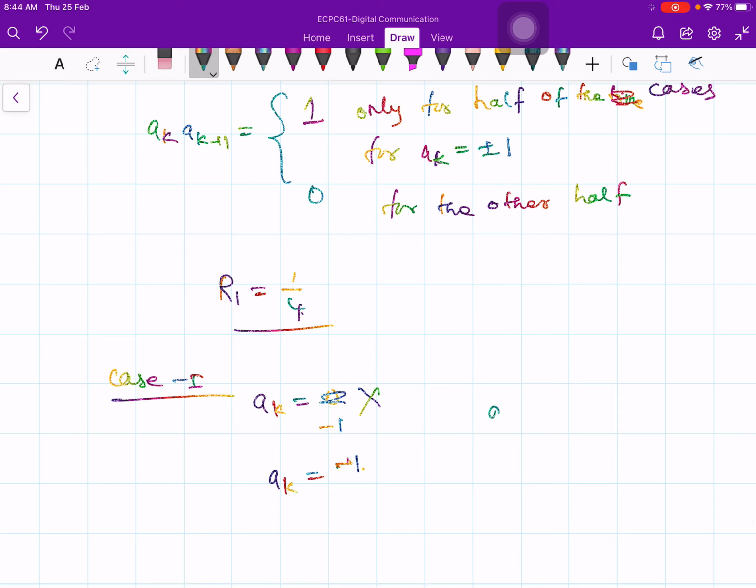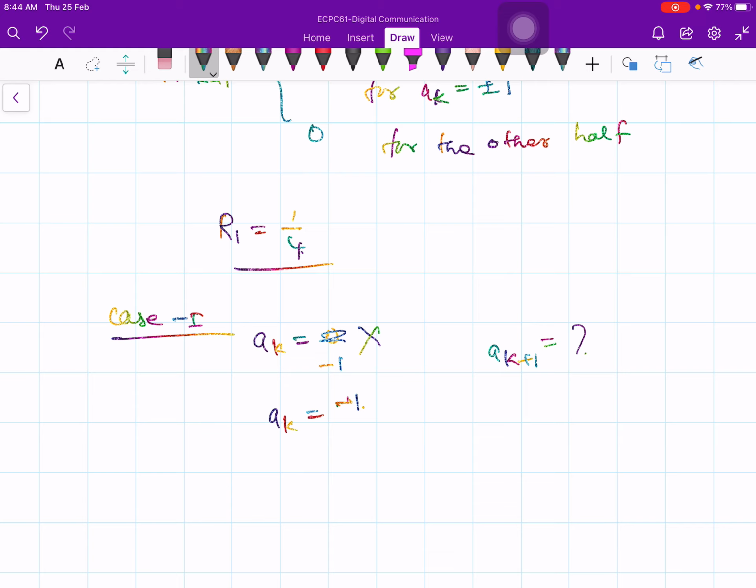Now what do you think AK plus 1 is going to be? Next bit. In between there can be 0 or 1. AK times AK plus 1. We assumed AK is equal to minus 1. This is the assumption.